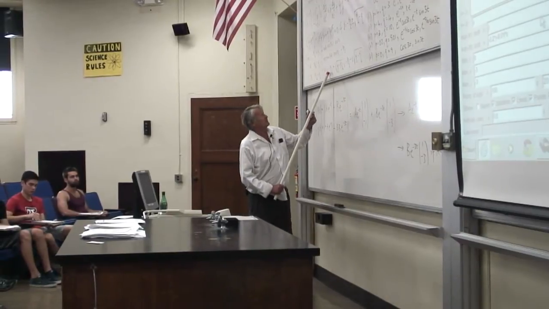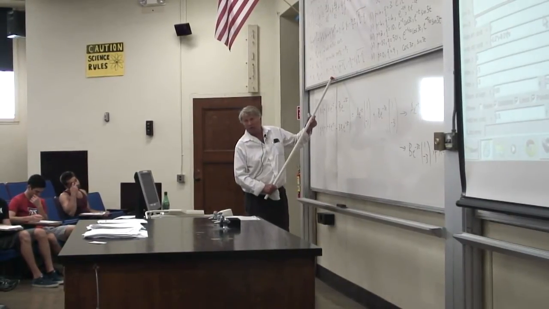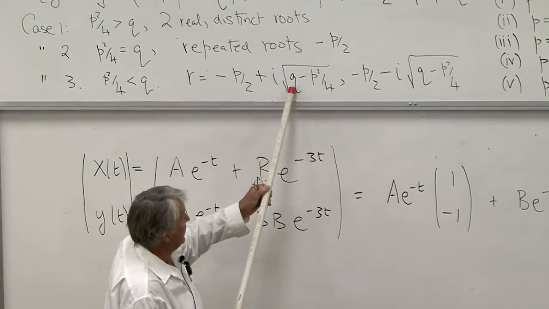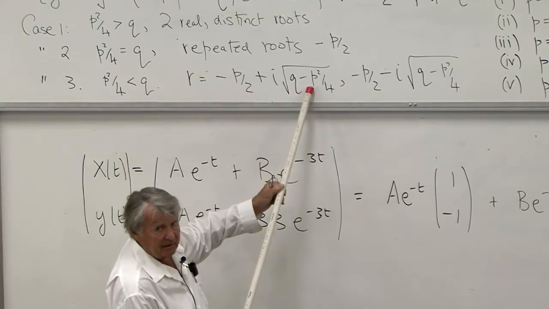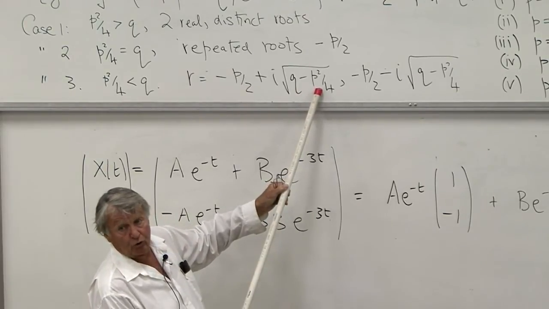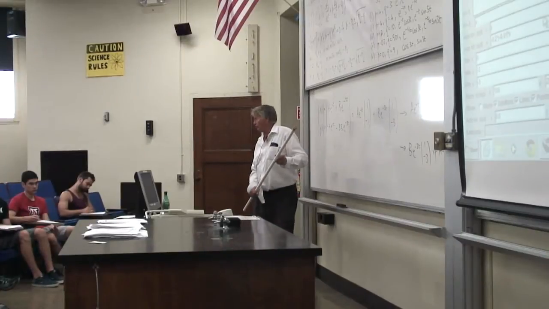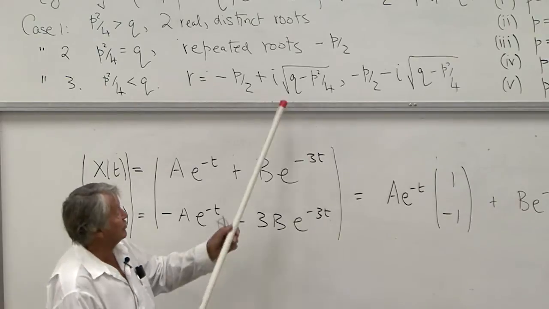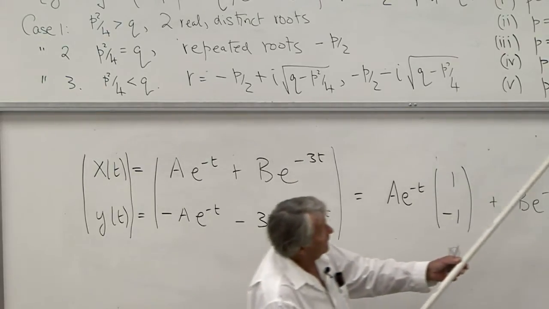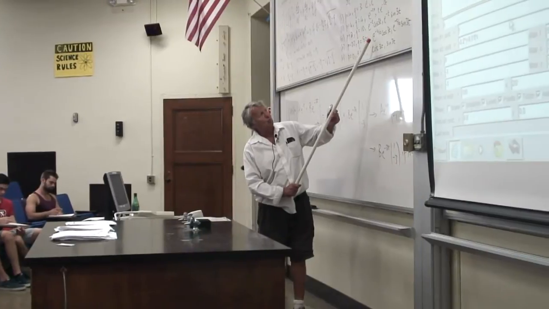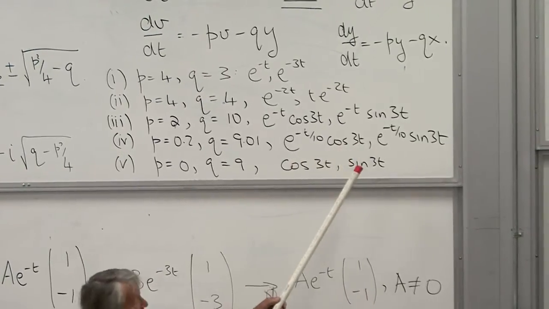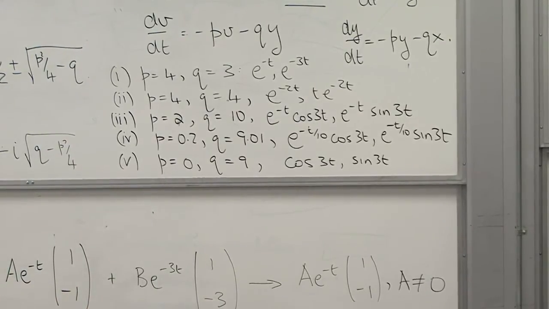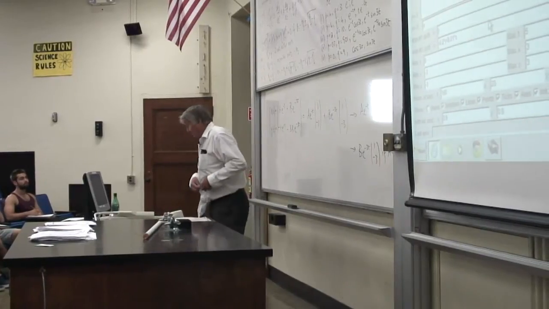This is minus P over 2, so that's minus a tenth, plus i times the square root of 9.01 minus 0.2 squared, that's 0.04, divided by 4, 0.01. 9.01 minus 0.01 is 9. The square root of that is 3. So the roots here are minus a tenth plus 3i, minus a tenth minus 3i, giving rise to those two solutions. So now the damping is much weaker.